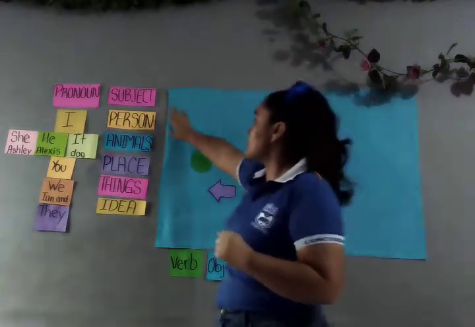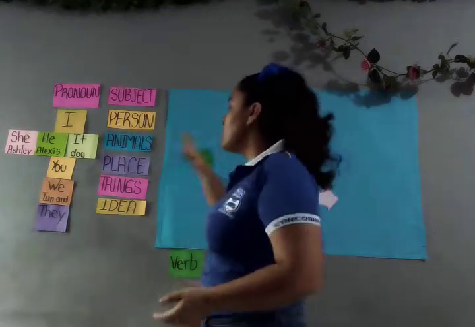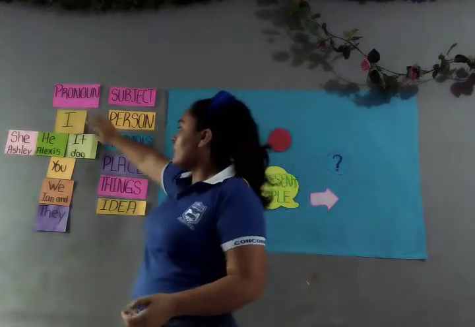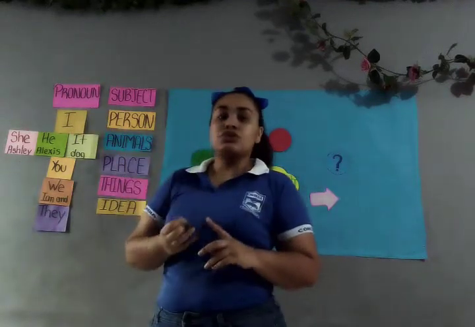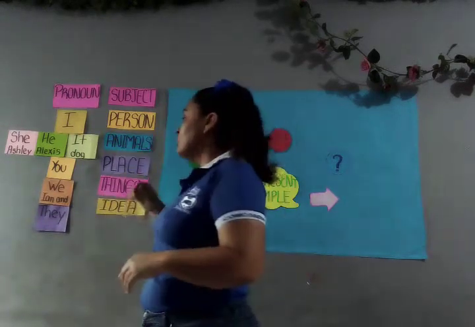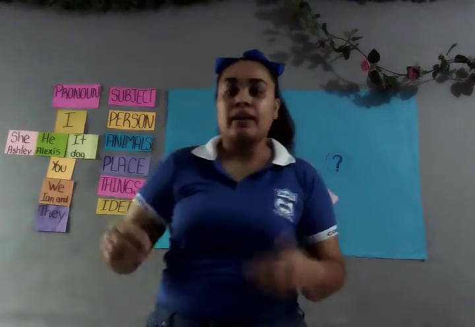Okay? So, when we talk about subject and we are talking about person, then we must talk about pronouns. And for pronouns, we have I, she, he, it, you, we, and they.